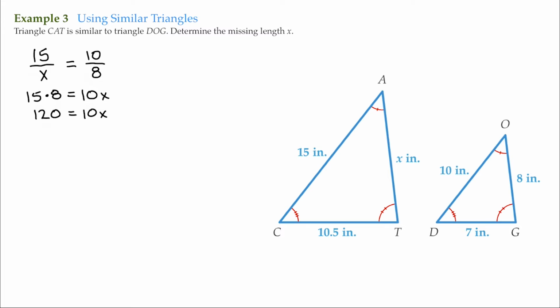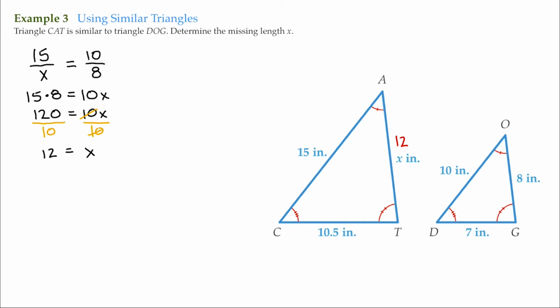I then solve for x. I'll divide both sides by 10. The 10s will cancel. 120 divided by 10, that's 12. That's equal to x. So the length of this side right here is 12. I'm just going to pencil it in just like that.